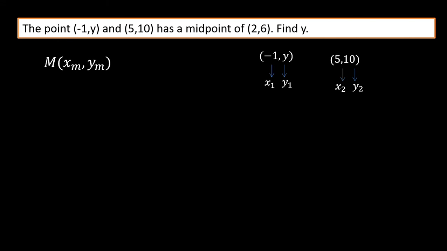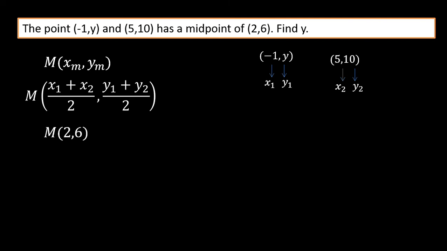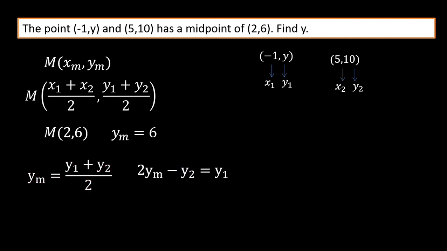So we go back to the midpoint formula. This is denoted by this formula, and since our midpoint is 2, 6, our y sub m is 6. Then we apply this formula to find y. That is y sub m is equal to y sub 1 plus y sub 2 all over 2. By basic algebraic manipulation, this becomes 2 y sub m minus y sub 2 is equal to y sub 1.